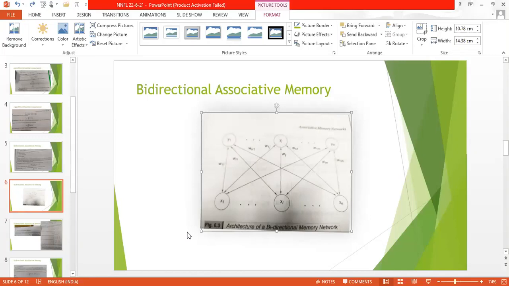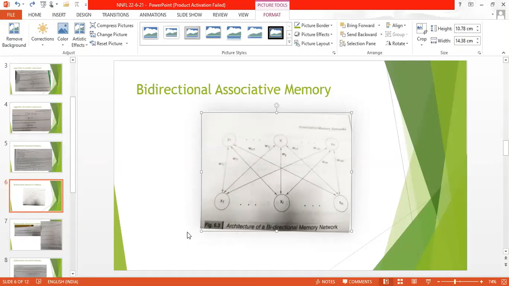This architecture is similar to your single layer feed forward network, which we have already discussed. There exist n input neurons in the input layer and m output neurons in the output layer. The training process for this bidirectional memory network is based on Hebb's learning rule. This is a fully interconnected network where the inputs and outputs are different.